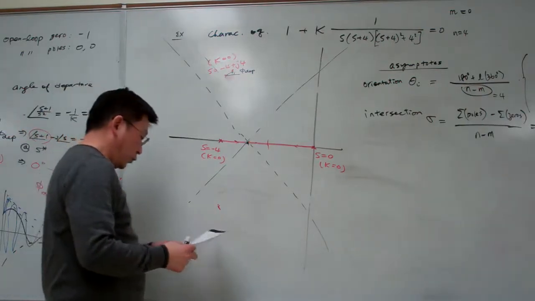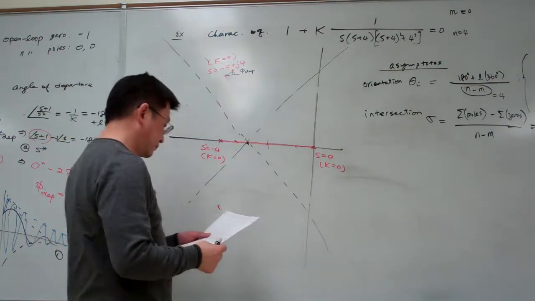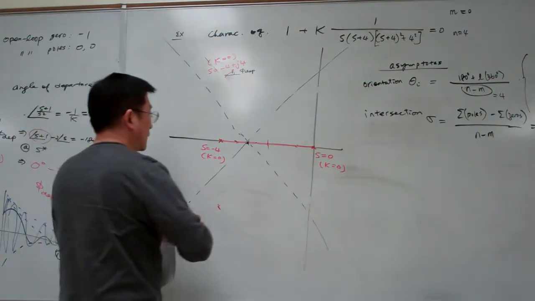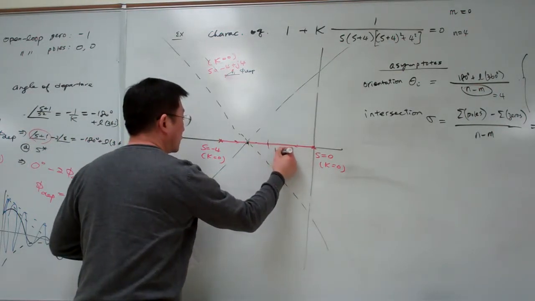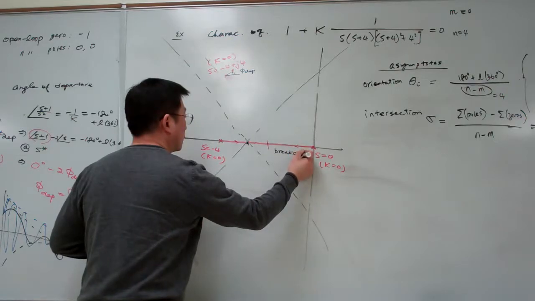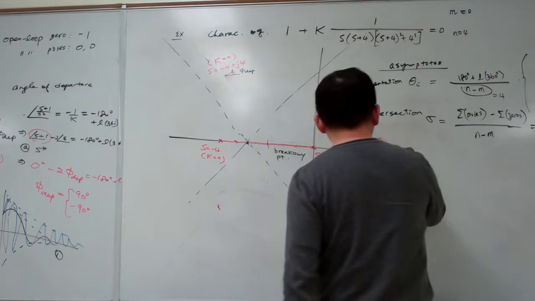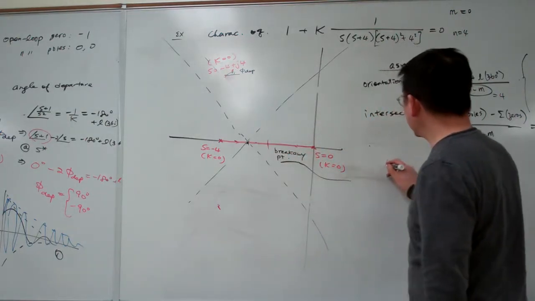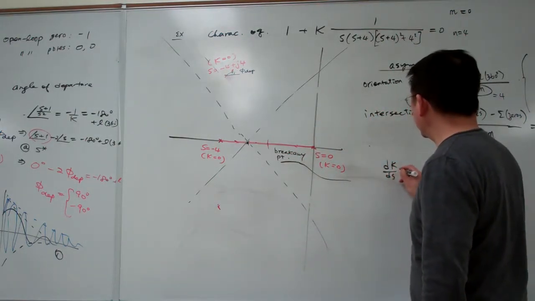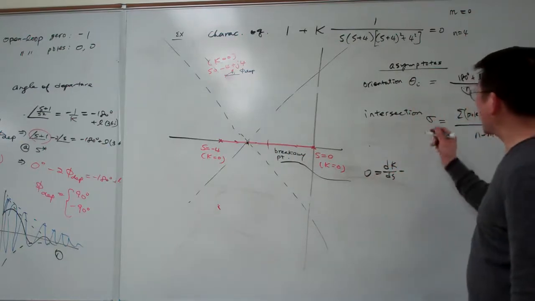And the breakaway point. I want to determine the breakaway point, which is determined by simply setting dk/ds equal to 0. And what is k?